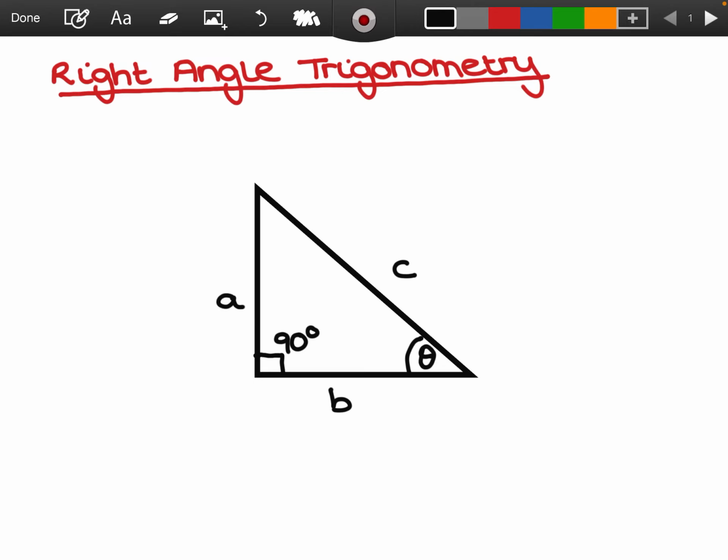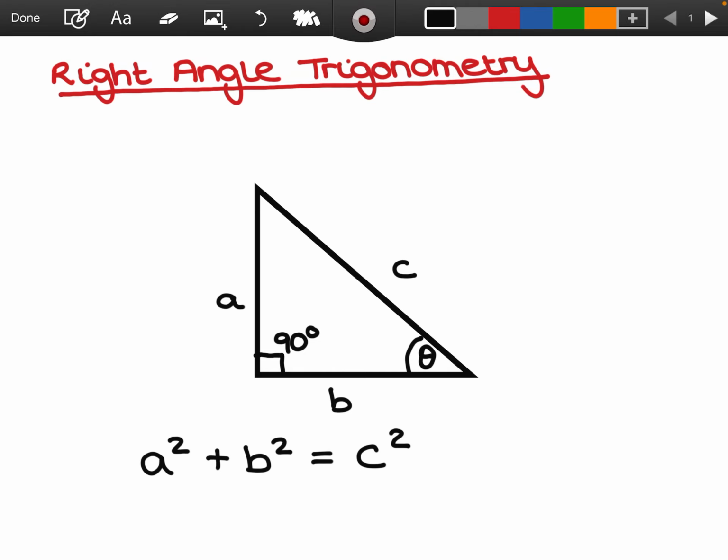First thing I want to talk about before we go into that is the Pythagorean theorem, or you'll just hear it talked about as Pythagoras, which tells us that for a right triangle, so any triangle that has that right angle 90 degrees in it, this should hold true: A squared plus B squared equals C squared.